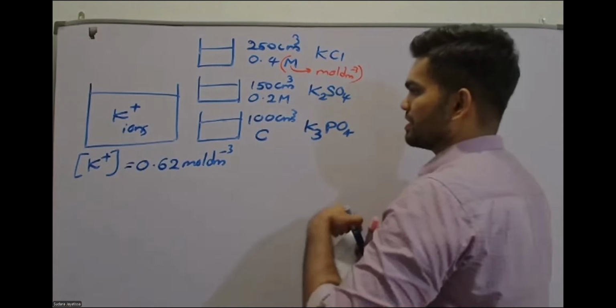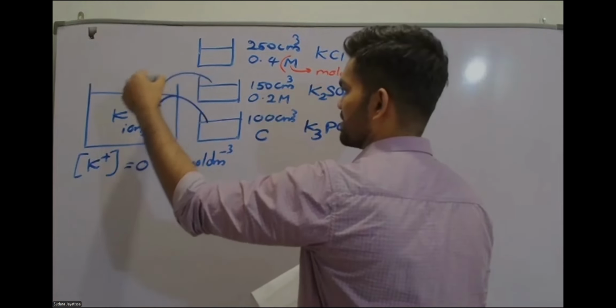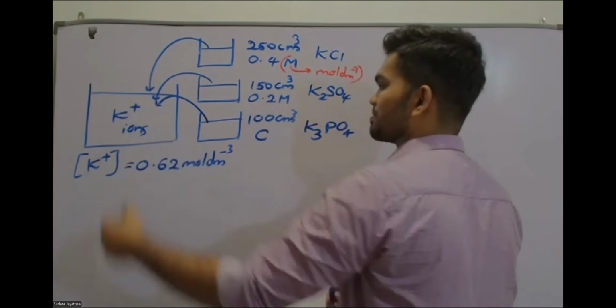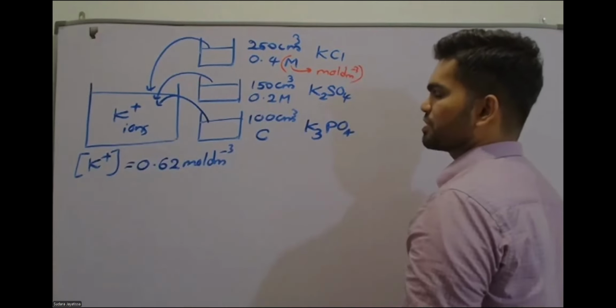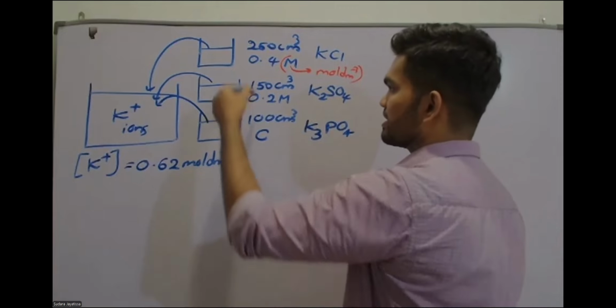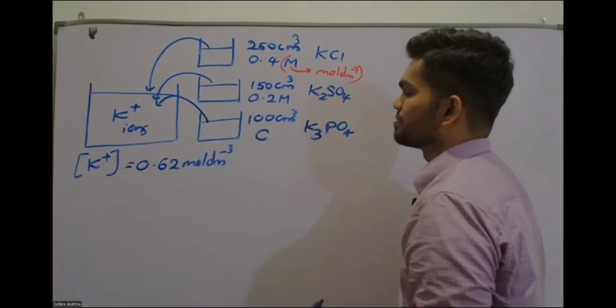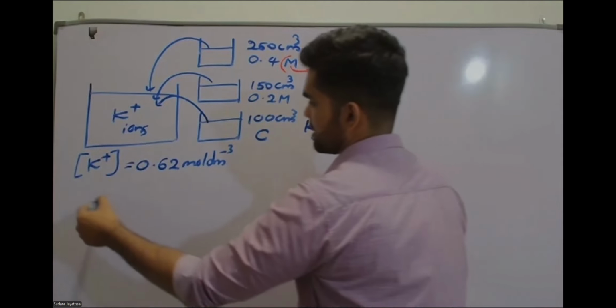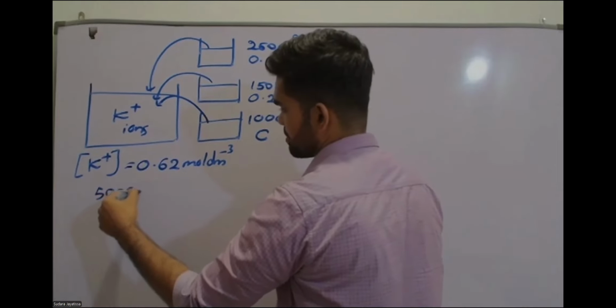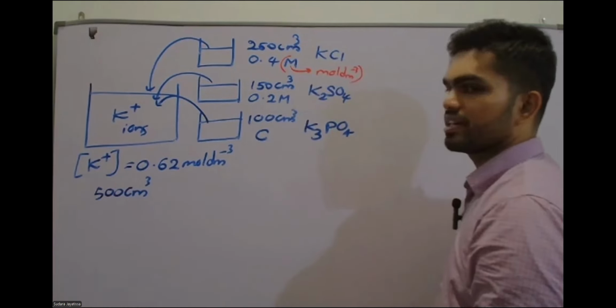Here we are mixing all these things, adding to this one. Then it forms the final solution. So the final solution will contain how much volume? 250, 250, yes, 500 cubic centimeters.